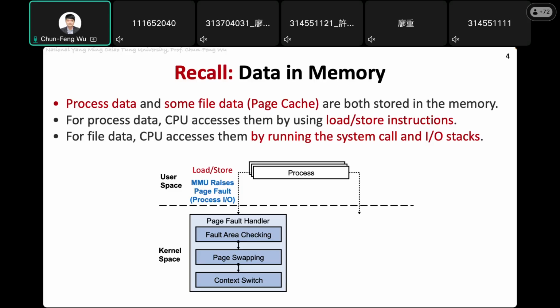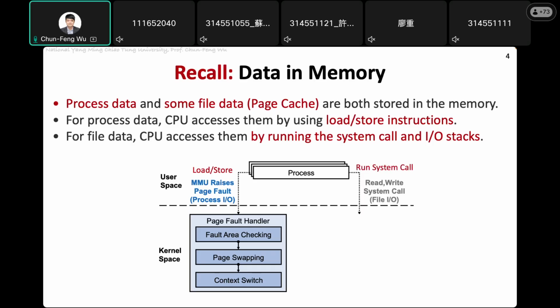If the requested data is not in memory, then the MMU in the CPU will raise a page fault. A page fault means the CPU has the chance to run some other software, probably the operating system. So usually the CPU will run the operating system, including the page fault handler, to handle this page fault. After that, the data will be moved from storage to memory, and then the CPU can access the memory by using the load instructions. Okay.